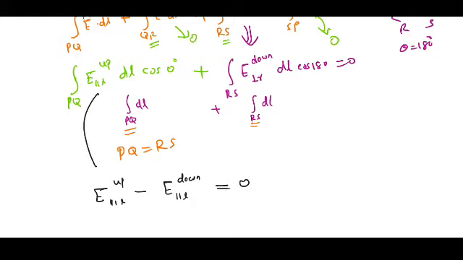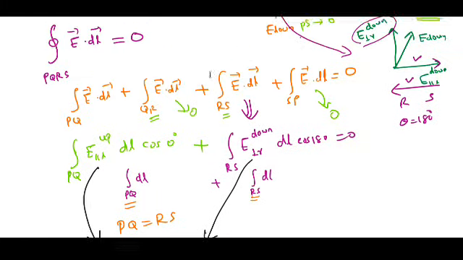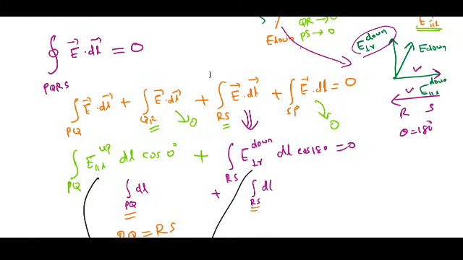This equation gives you E parallel up, and this equation will give E parallel down. Sorry, here I committed a mistake. This E perpendicular down should not come into the picture, because if it is E perpendicular down, then it will be here, and our length element RS will be along this direction.